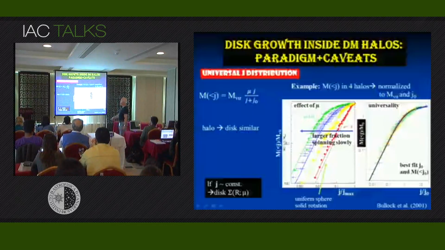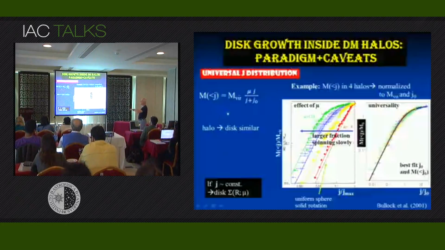So it is not difficult to convert the probability distribution into a distribution of mass with angular momentum. And you get this, where m is the virial mass of the halo, and mu and J0 are the same guys that I defined in the previous transparency.